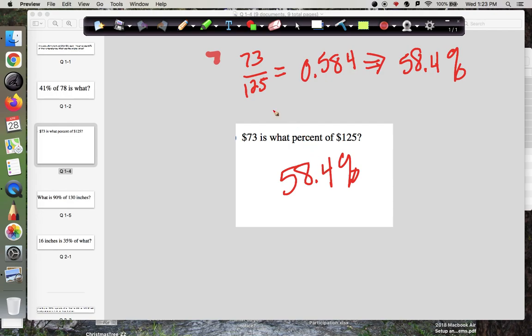On this one we just divided the part by the whole, which gave us a decimal. We multiply by 100 to get a percent, from a decimal to a percent. For example, 0.5 times 100 is 50%.